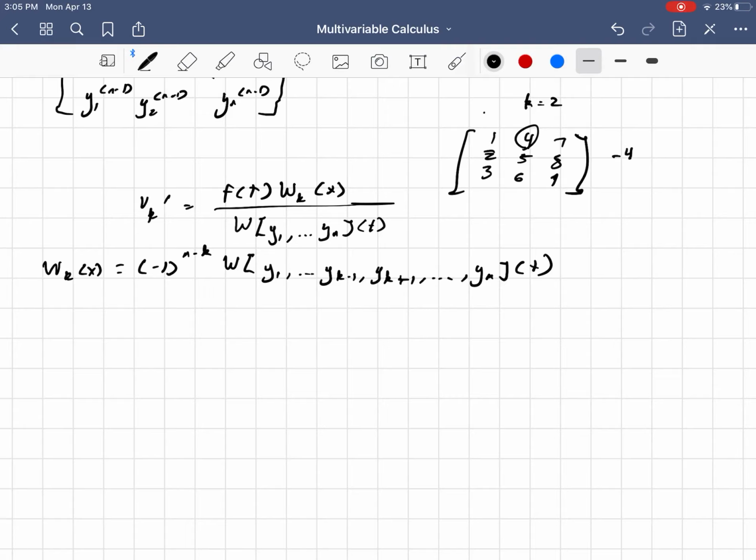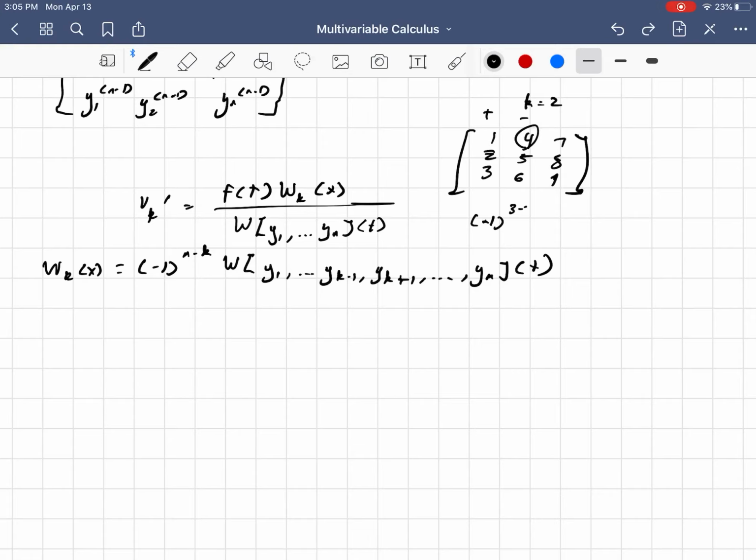We would do an expansion by minors, let's say in this column, k equals 2. And so we would have a negative 4, because it's a plus, a minus, and then a plus. That's where the negative 1 to the n minus k comes from.